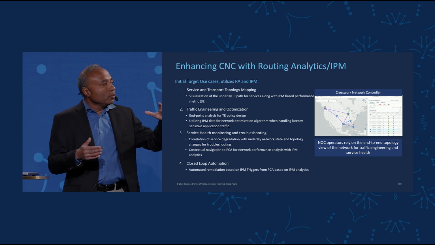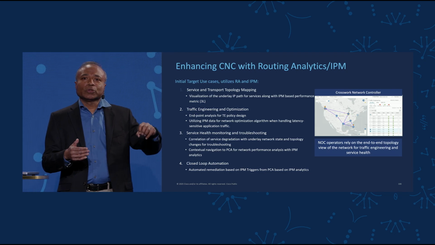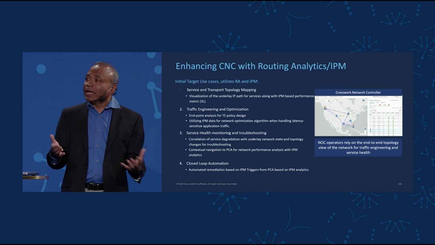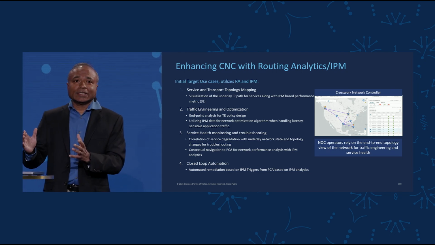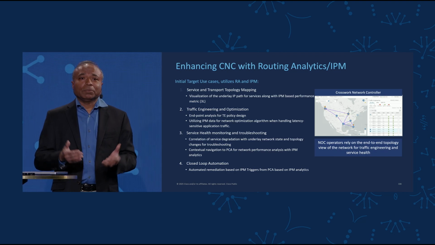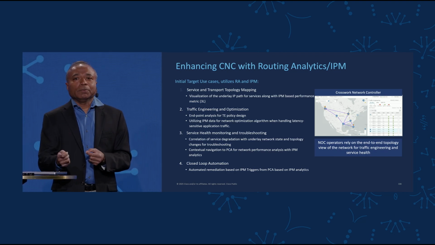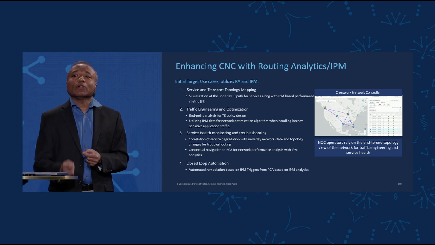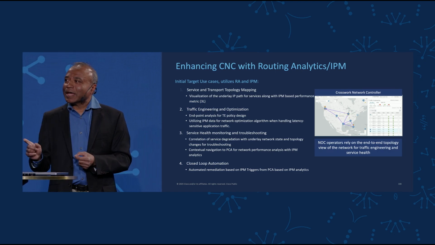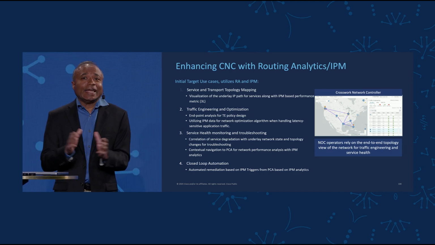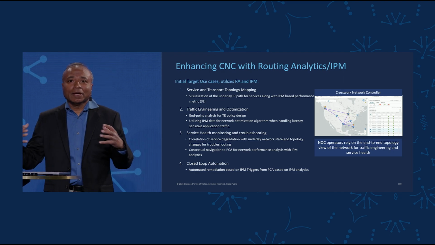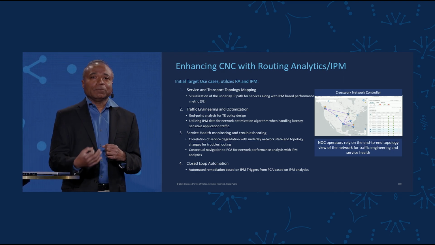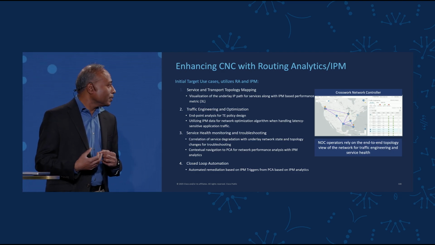So that way, we can isolate where the issue can be. And if it's a data plane issue, then that's where we get the analytics from PCA, look at all the ECMP paths, and try to exactly pinpoint which path is causing the latency to solve that problem. Otherwise, if we don't have the visibility, it could even take days to solve it. Now, with this visibility, I can quickly pinpoint what is the underlying issue.